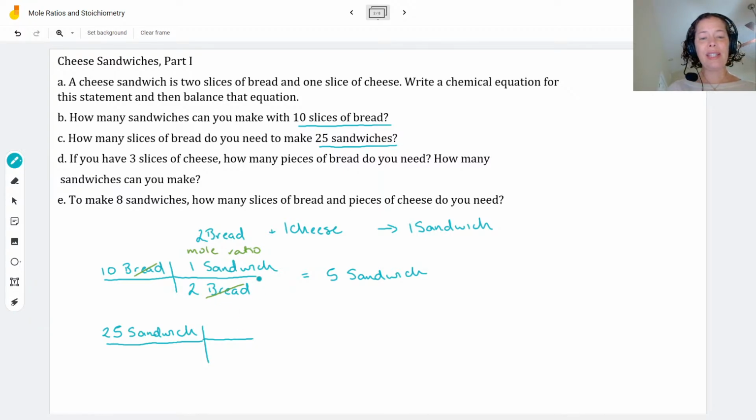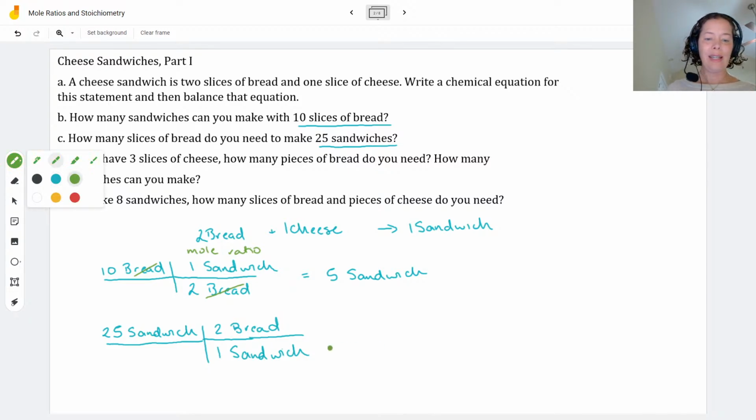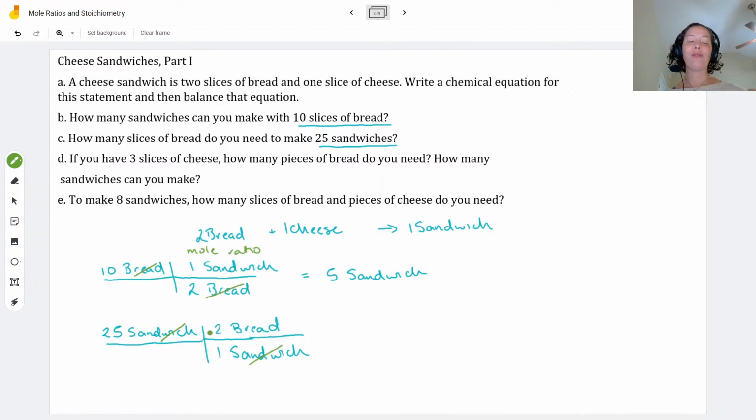So I'm still using the same ratio here, but again, this time I want my unit of sandwich to cancel. So I'm going to put 1 sandwich in the bottom, in the denominator, and 2 bread in the numerator. Okay, so what this does is your sandwich cancels and you're left with bread.